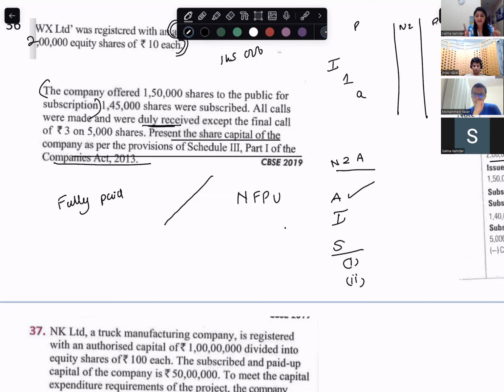Then they are telling you that the final call of rupees 3 on 5,000 shares was not received. They said all calls were made and everything called was duly received, but now they are telling that there were 5,000 shares on which the final call was not made.